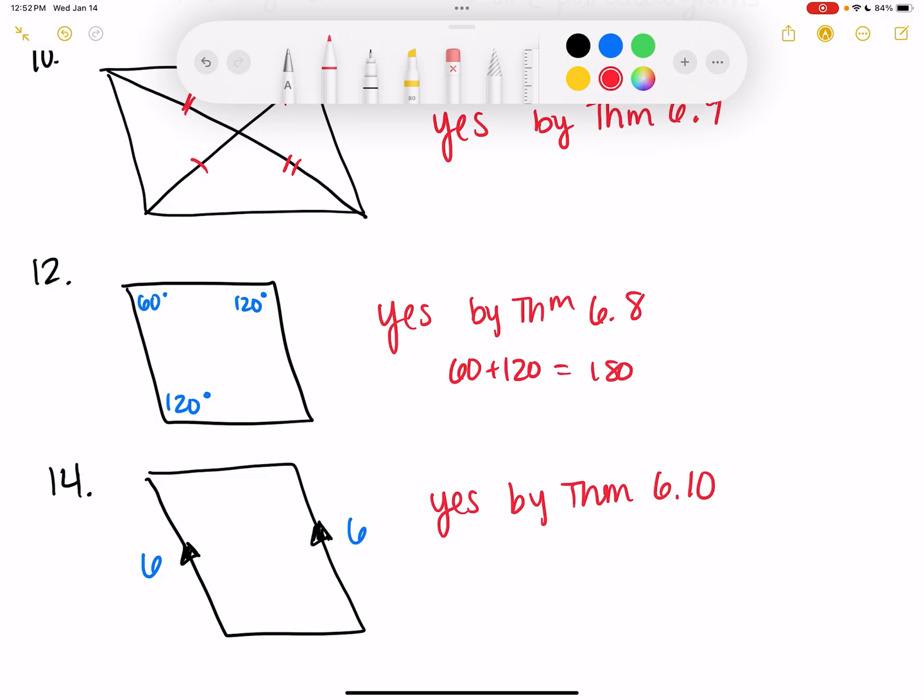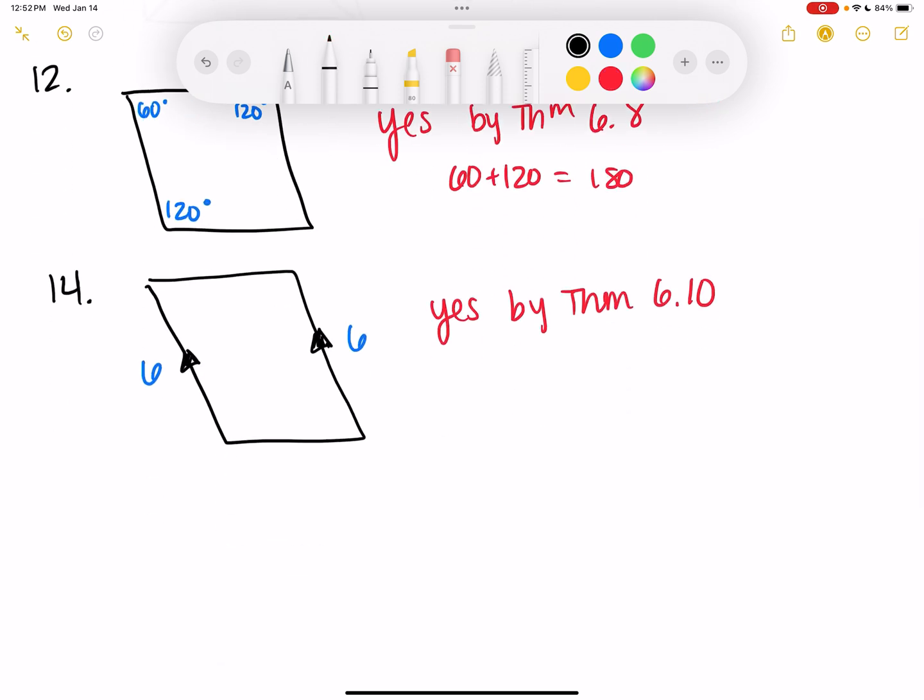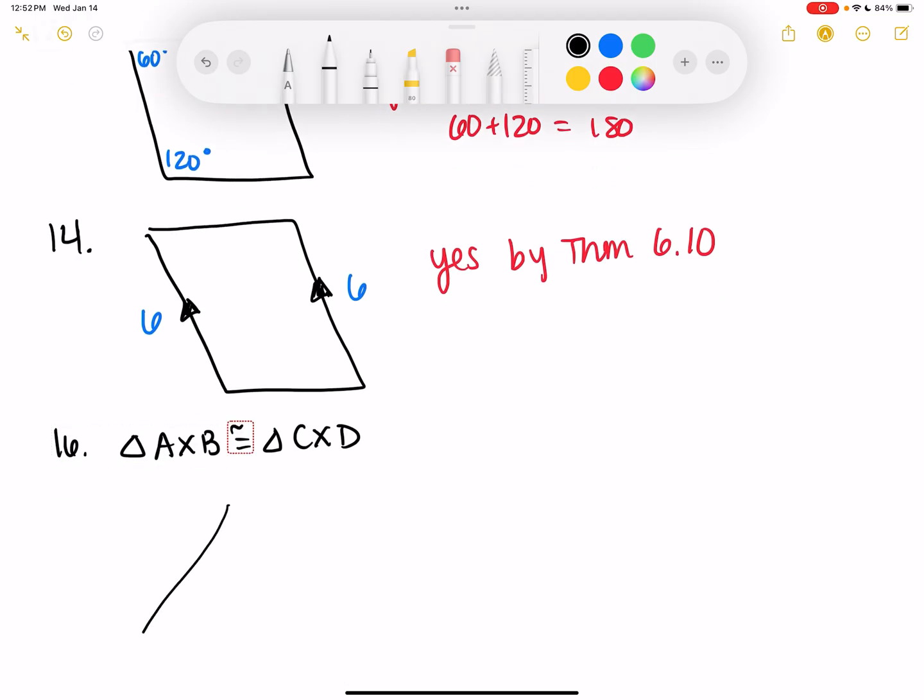Describe how to prove that ABCD is a parallelogram, use the given information. So 16, they give me triangle AXB is congruent to triangle CXD. And then I have a picture to go with it.